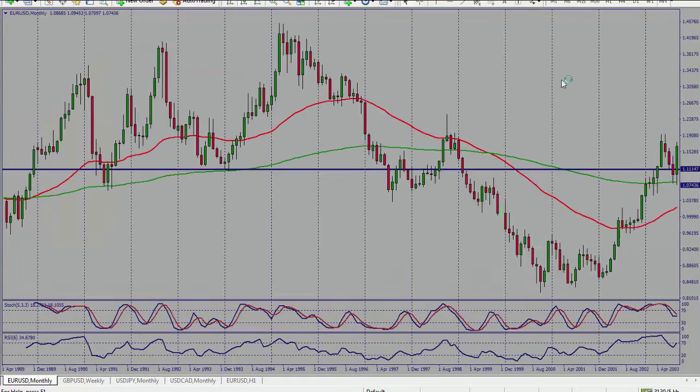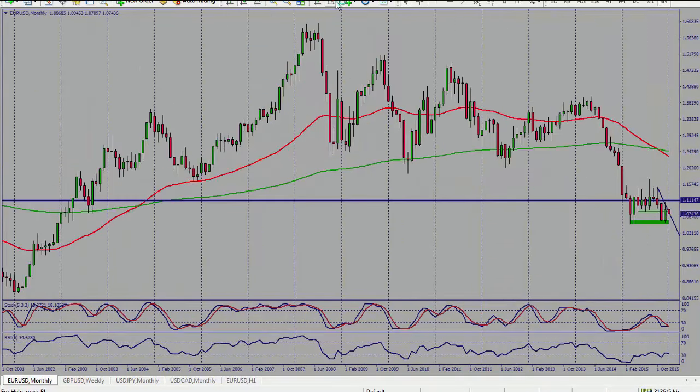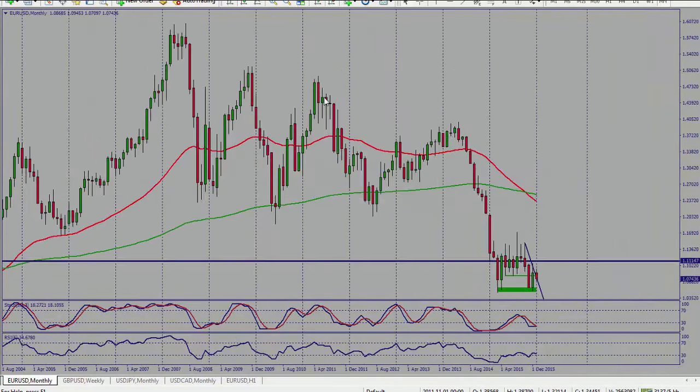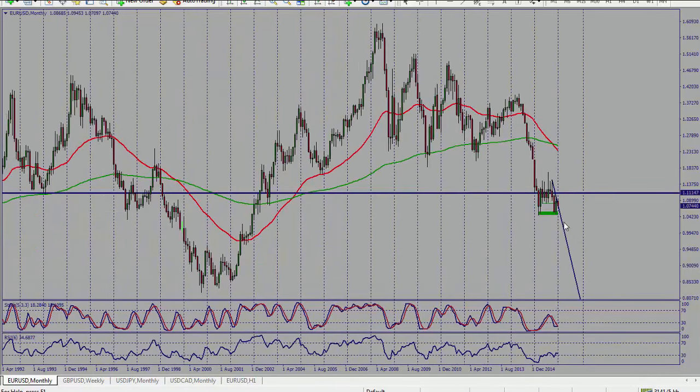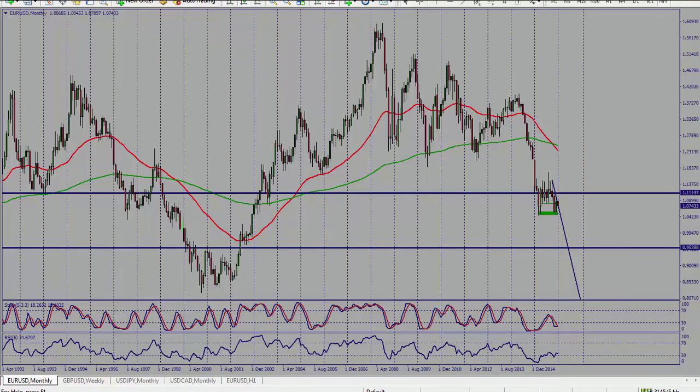Let me switch to a monthly chart, just so we can see where we are in context, and we can see that we are definitely in a downtrend. So my preference would be to look for the short. If I minimize this, we could see here, if we do break this level of support, the next level to test is down here, around 95.28, at least parity, which is 1-to-1 with the dollar.